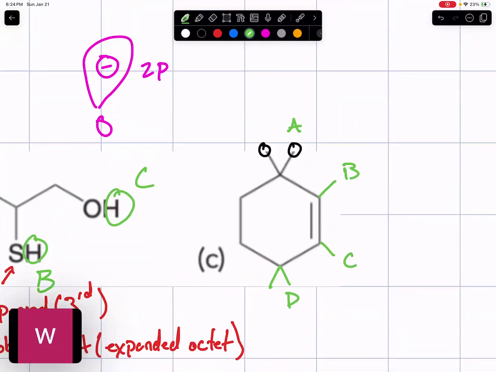Anybody? Don't be shy. Today and tomorrow are the days to ask questions. Is it the double bond there? It's not the double bond. Can anybody tell me why it's neither B nor C?